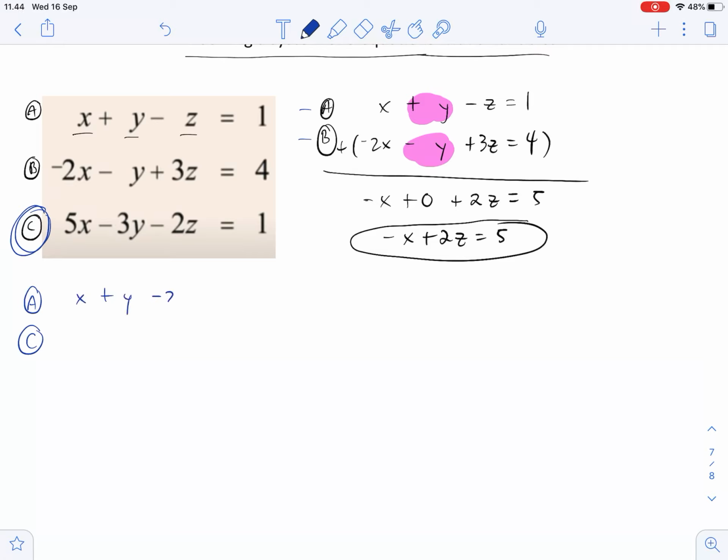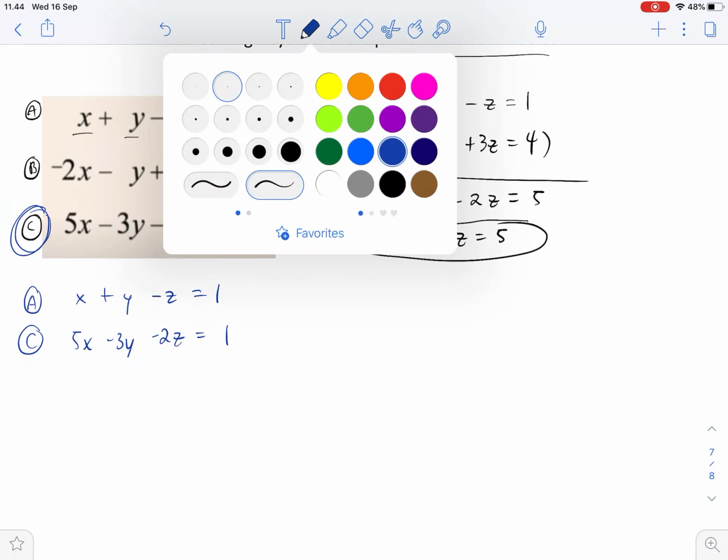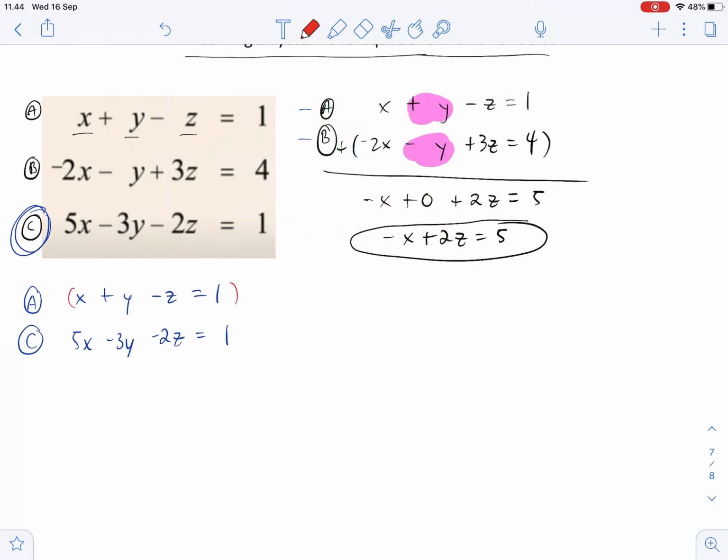So I have x plus y minus z is equal to 1, and I have 5x minus 3y minus 2z is equal to 1. Now you'll notice here that I have to multiply this top one by 3.